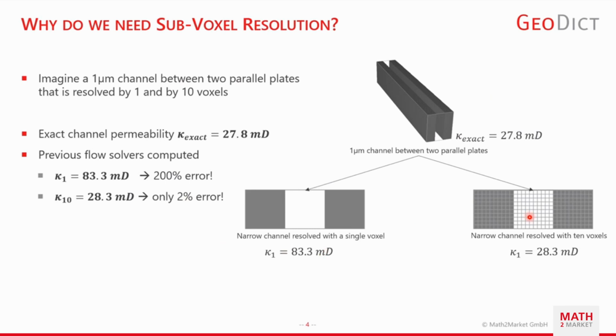And if you had the high resolution image, having approximately 10 voxels in between to resolve this channel, the prediction would be quite similar to the actual value. And this highlights how much the resolution itself can impact the results.